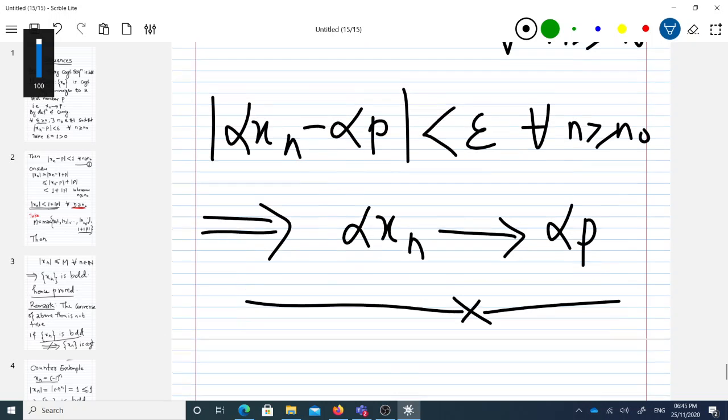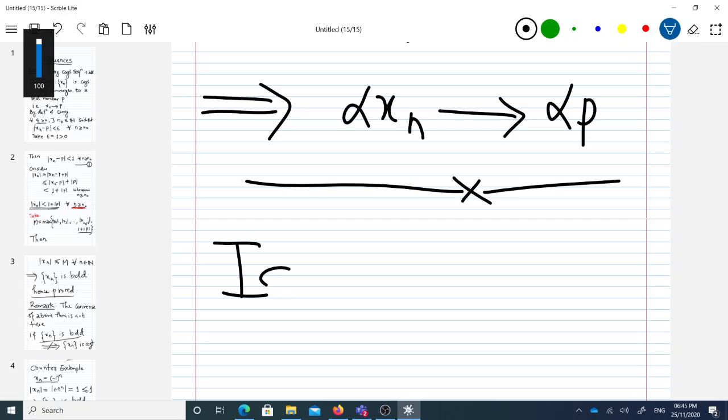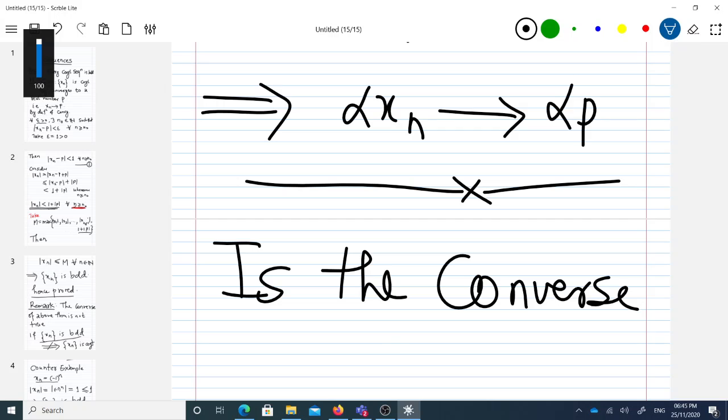Very interesting is whether the converse is true. That we will definitely answer in a question. If it is true, then you need to prove it. If it is not true, then you have to give me a counter example. So please think over it.